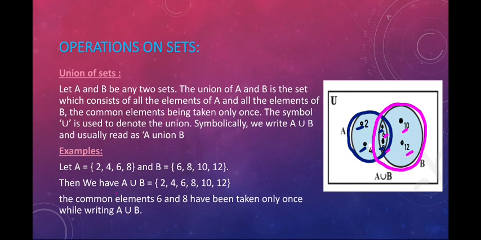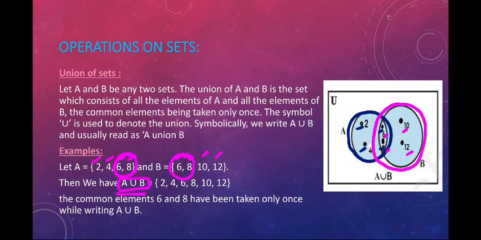Now A union B will be the collection of all elements of A and B both. So the collection will be 2, 4, 6, 8, again 6, 8, 10, 12. Now 6, 8 and 6, 8 are common to both sets, and A union B will be another set.